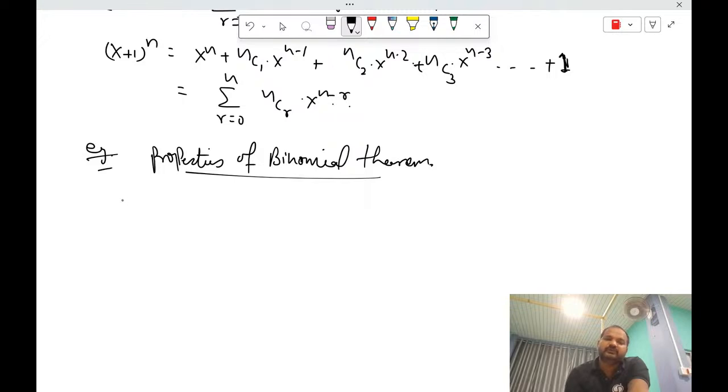Property one: in the expansion of the binomial theorem, there are n plus 1 terms in the expansion.